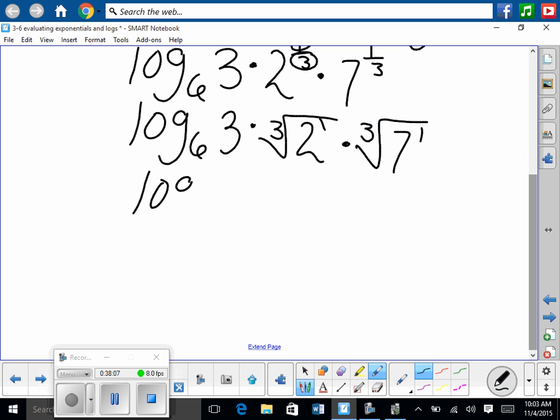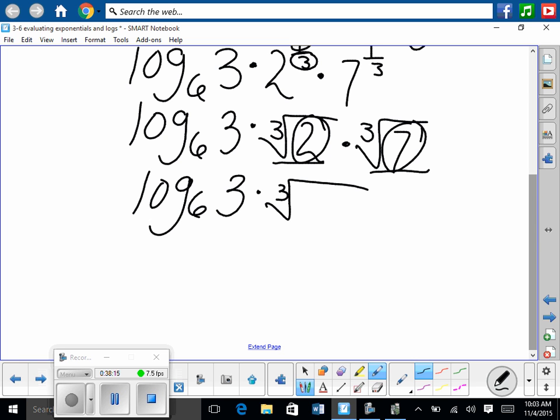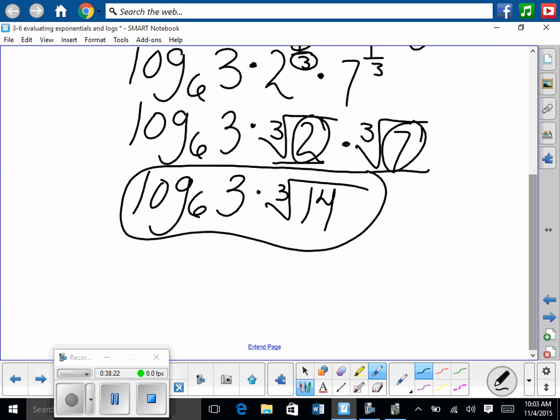Yes. So we would have log to the base 6 of 3 times the cube root of, since these are both cube roots, you can multiply what's underneath them. 7 times 2 is 14. And that would be our answer. That's as far as we can go, right? We can't multiply 3 in. It's not under the same root.